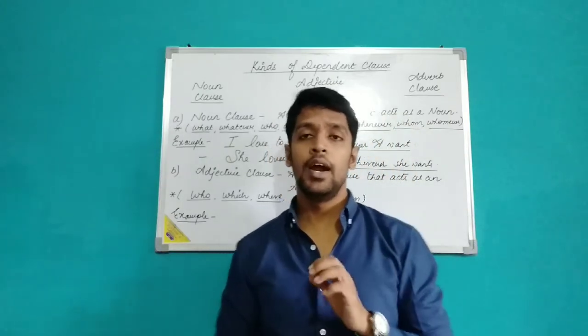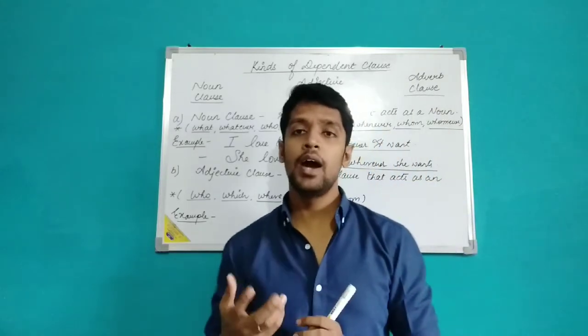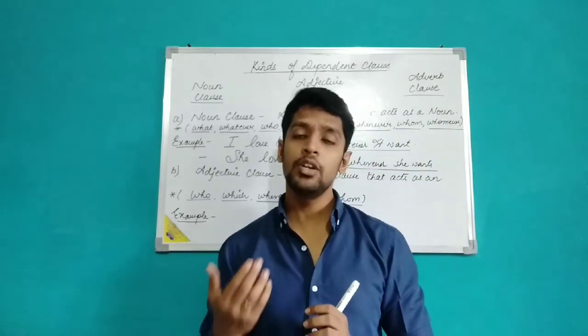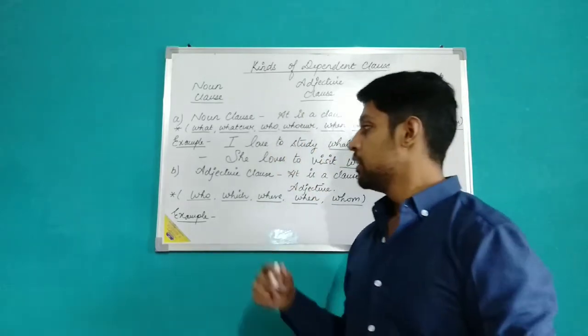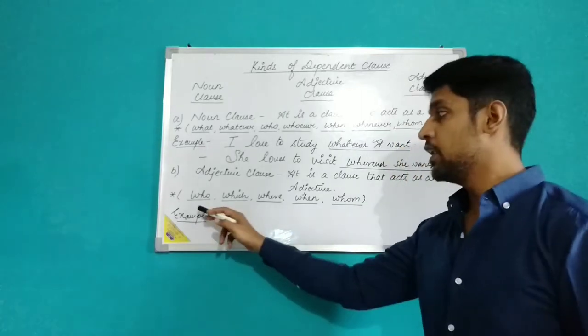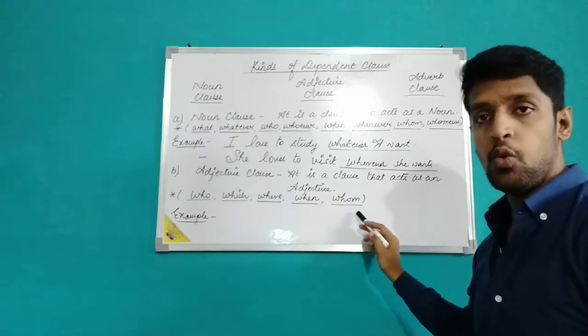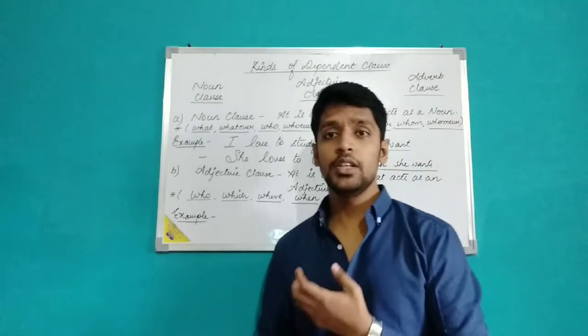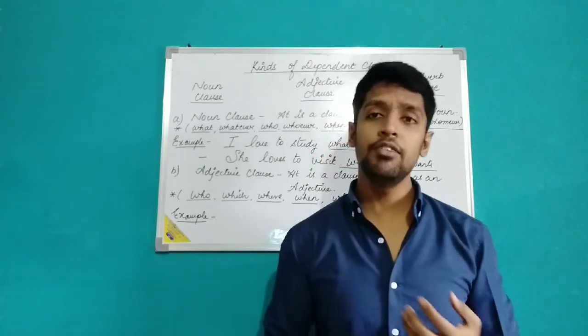I repeat, adjectives are words which add additional information about the noun or modify the noun. There are certain words through which an adjective clause starts, like who, which, where, when, whom, etc. These are the words from which we start the adjective clause.